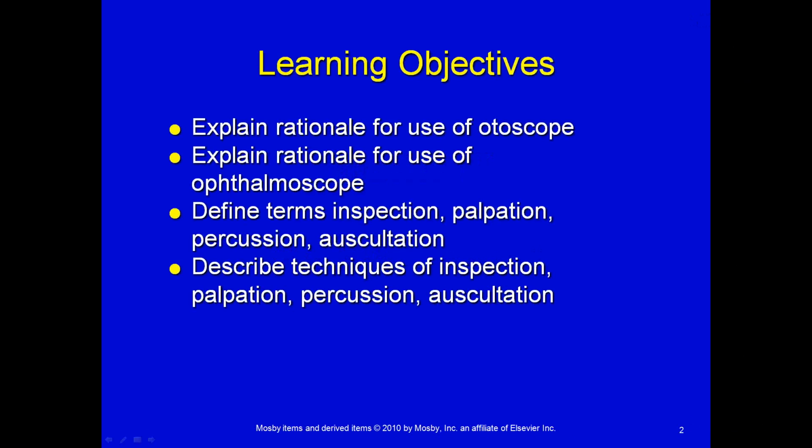And if your heat production is at a greater rate than heat loss, then you'll become hyperthermic. Neither one of those conditions, hyper or hypothermia, is good in patients.